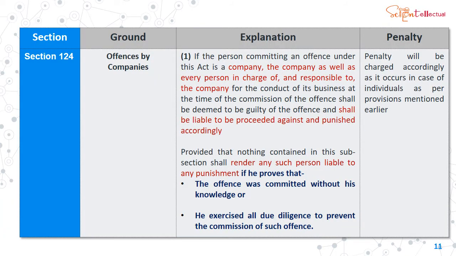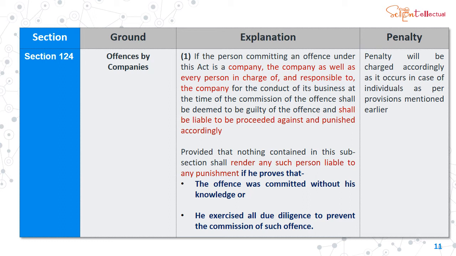Section 124. The ground is offences by companies. Subsection 1. If the person committing an offence is a company, the company as well as every person in charge of and responsible to the company for the conduct of its business at the time of the offence shall be deemed to be guilty of the offence and shall be liable to be proceeded against and punished accordingly.